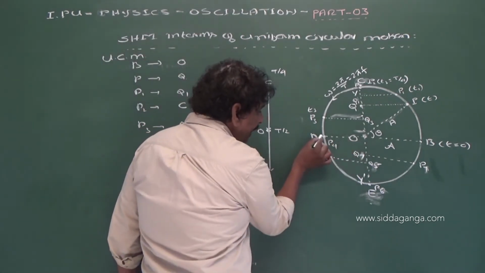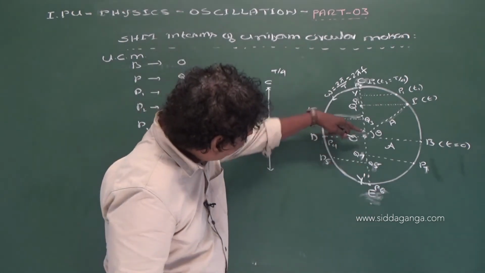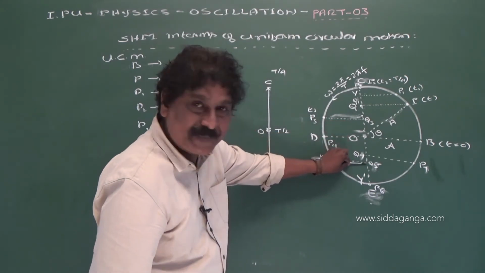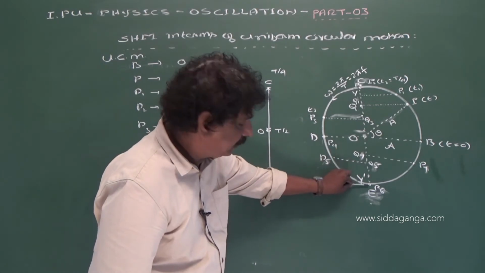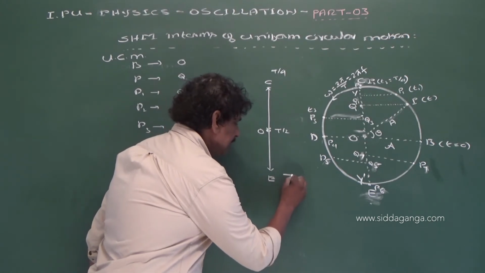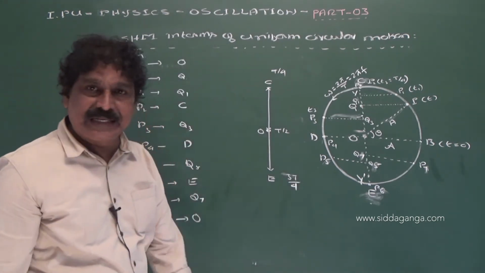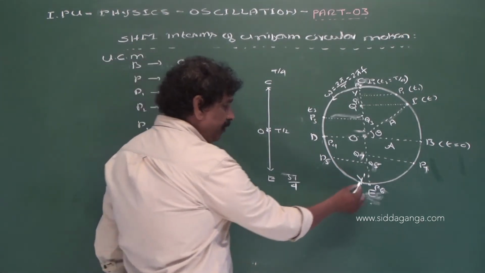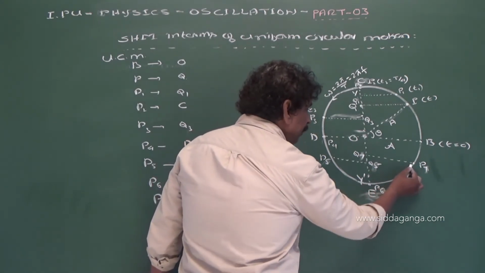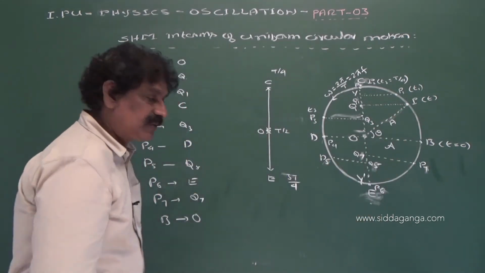When the particle is moving P4 to P6, the foot is moving from O to Q5, then to E. This is E. Now this is 3T by 4, that is the time taken. Now when it is moving from P6, that is from E, to P7 and finally to B, it reaches O.